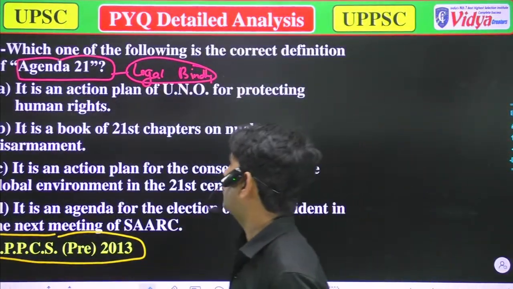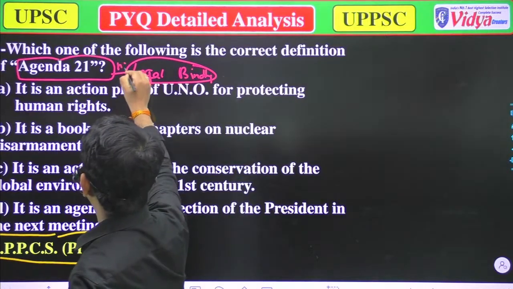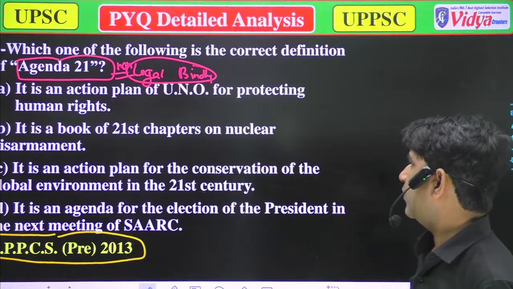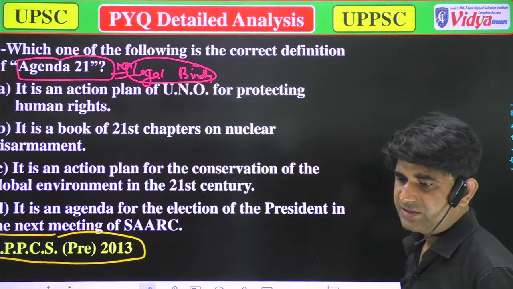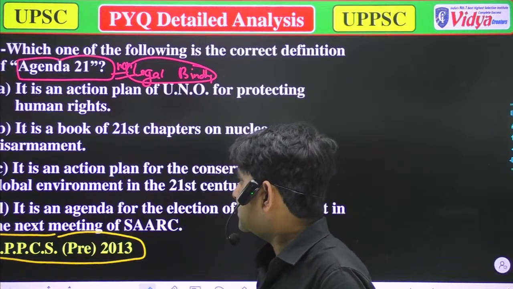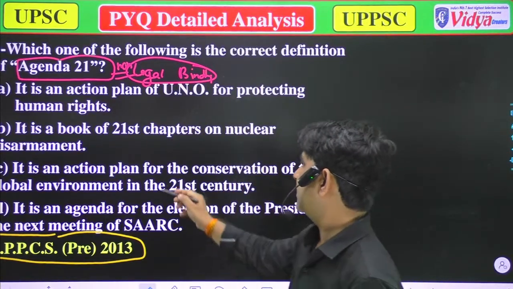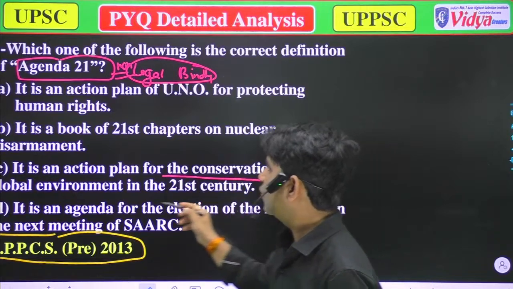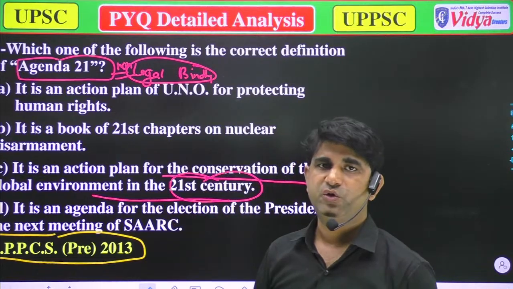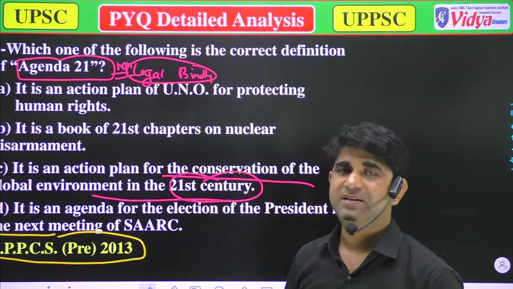It is generally for the conservation of global environment in the 21st century. It is famous because it's an action plan for the conservation of global environment in the 21st century. So now you can correlate why it's important.